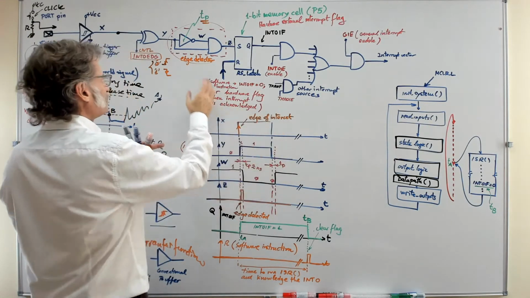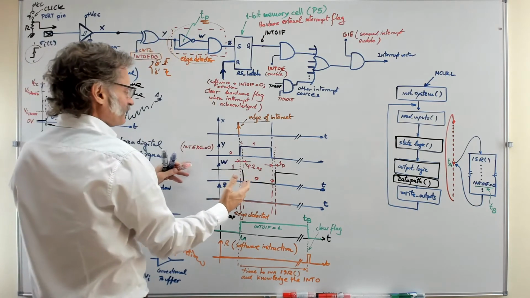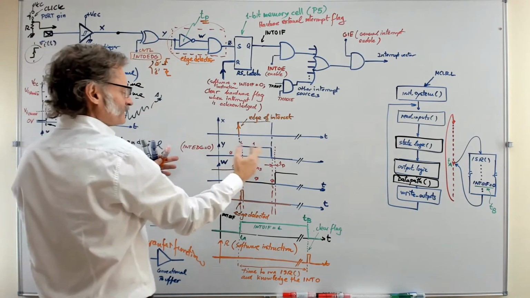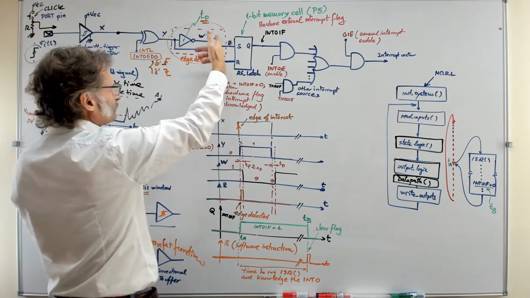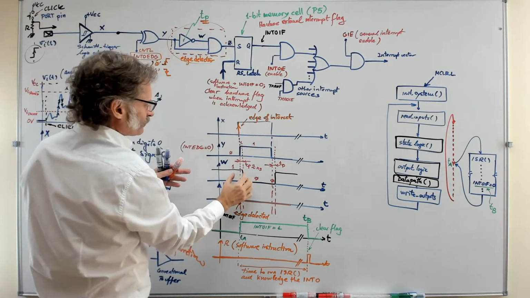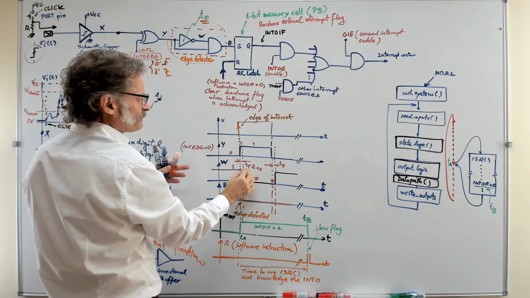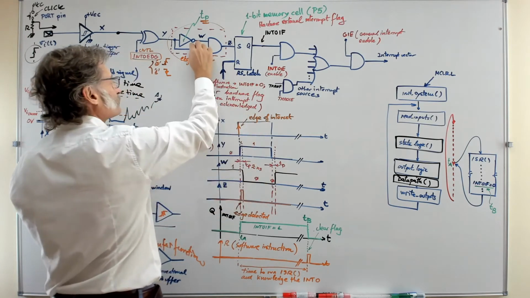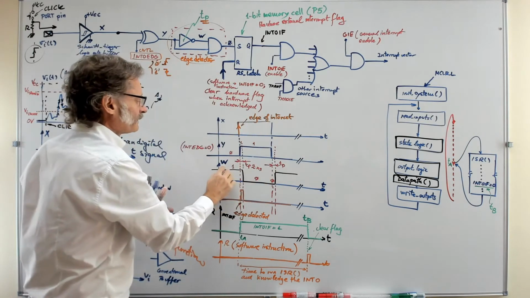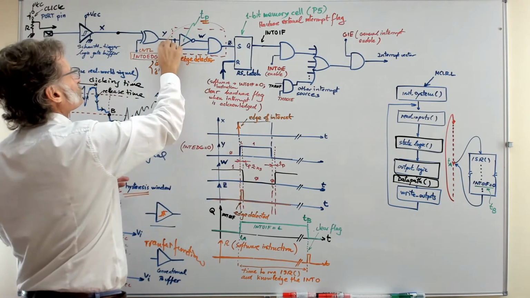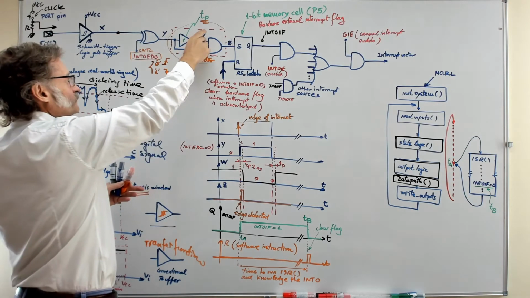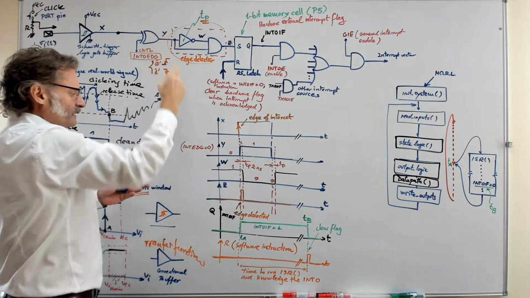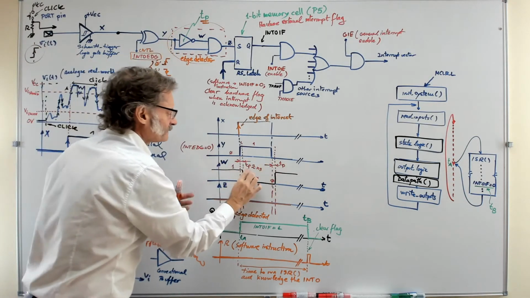Let's imagine that is an ideal buffer. That one is ideal the same. So then W, no, it's just a NOT, right? It's a NOT, but a NOT with an associated propagation time in the domain of nanoseconds because it's a single gate. So W has the opposite shape, the inverted shape of the Y, but delayed this TP time.